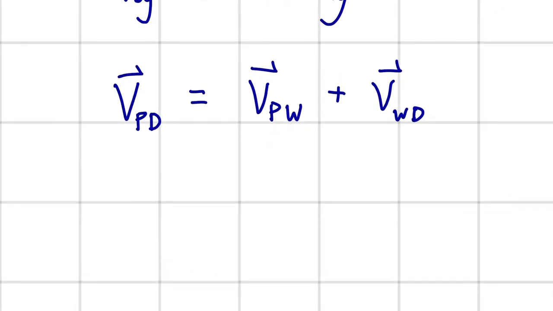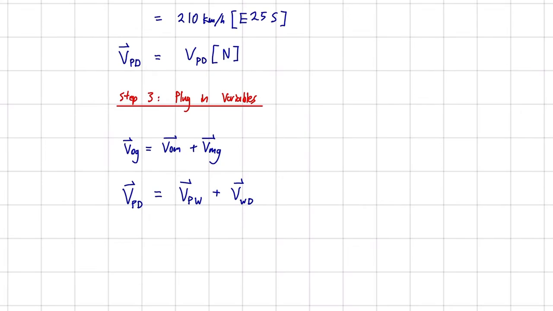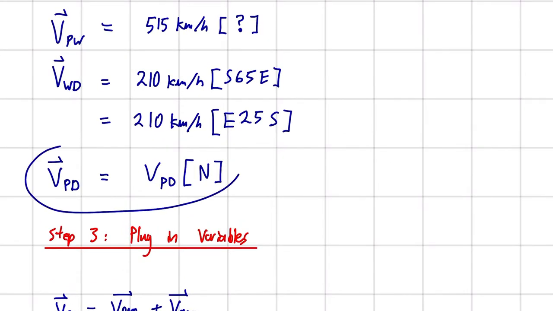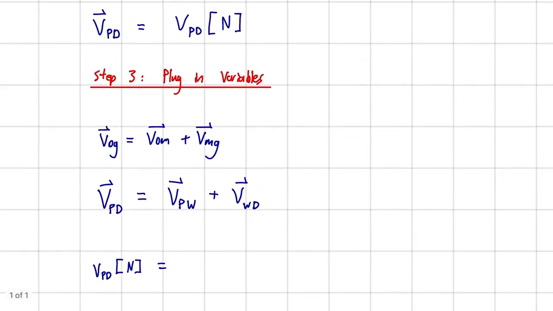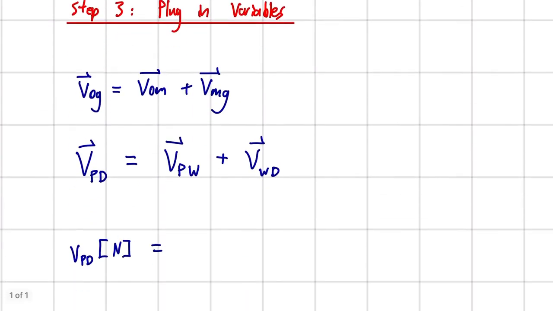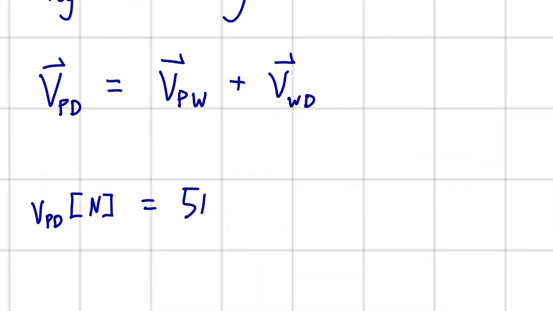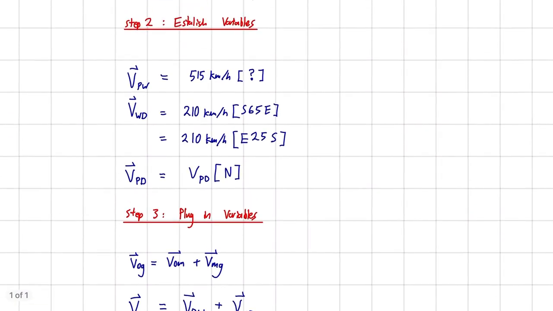So let's plug in these values now. So VPD, if we remember VPD, we know the direction is north, is equal to VPW, and VPW, we have the value here, 515 kilometers per hour in some unknown direction, plus VWD.